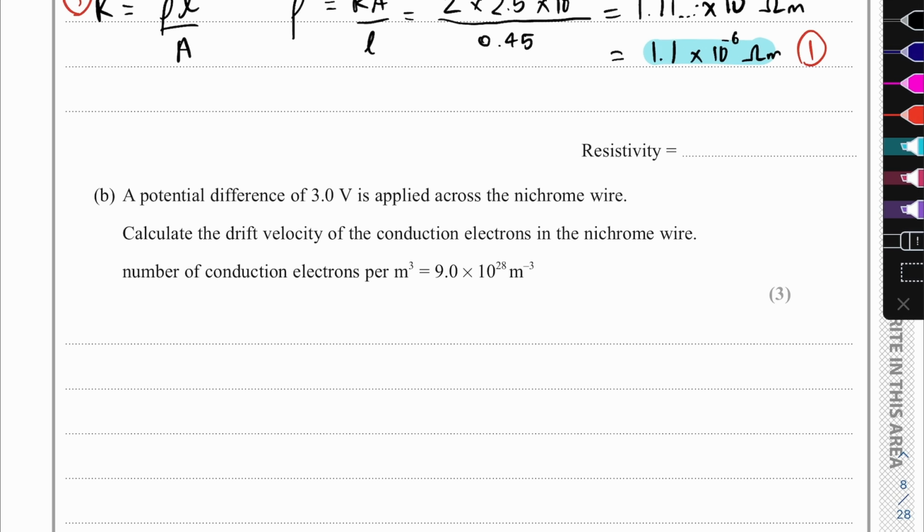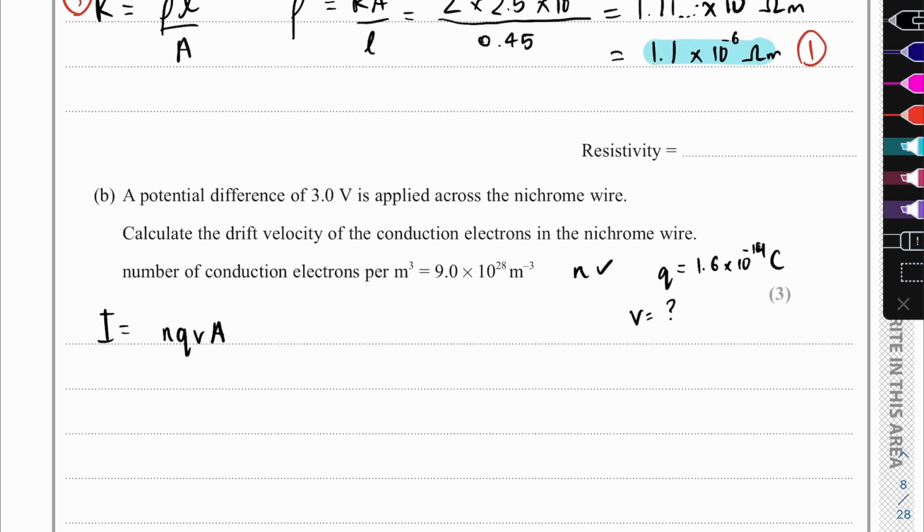minus 3. So as soon as we see drift velocity, we are looking at the formula I equals NQVA. They have given us N. We know Q is 1.6 times 10 to the power of negative 19 C. Do we know V?